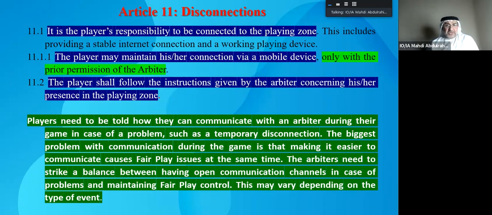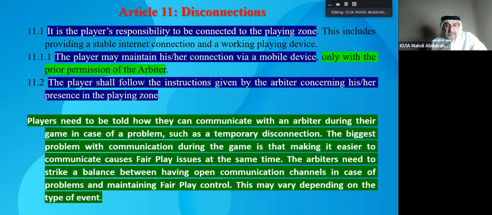Now we have connection. It is the player's responsibility to be connected to the Zoom. A player may maintain his connection via a mobile device. For example, it was the Asian Championship.